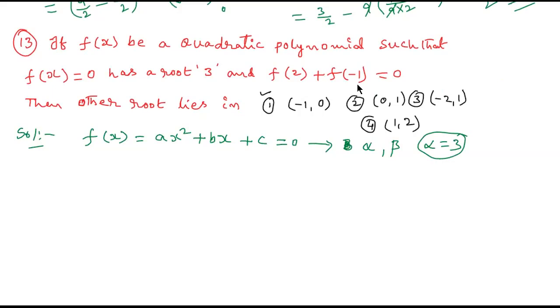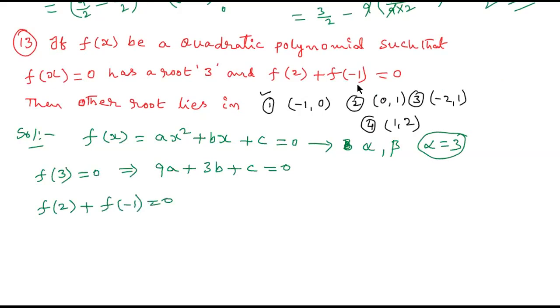And f of x equal to 0 has a root 3, that means f of 3 is equal to 0. Substitute 3 in place of x, what do we get? 9a plus 3b plus c is equal to 0. Another condition given is f of 2 plus f of minus 1 is equal to 0.